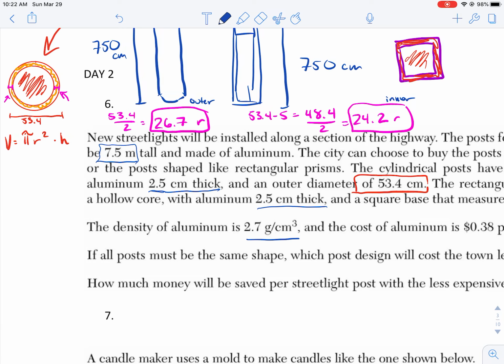Okay. So, in order to find out what this volume is of the cylinder, all right, we have our radius. All right, so I'm going to find that right now. So I'm going to go volume of pi times 26.7 squared times 750.